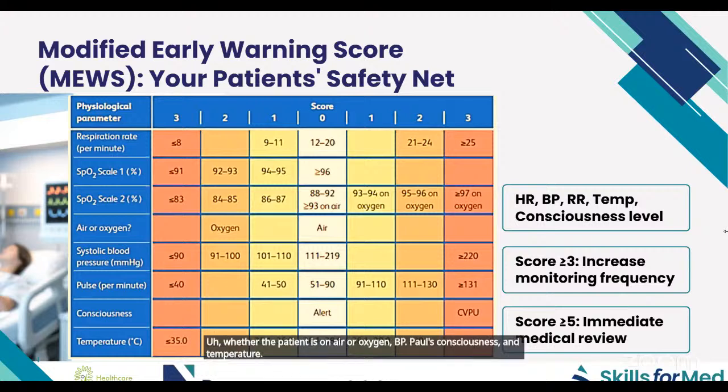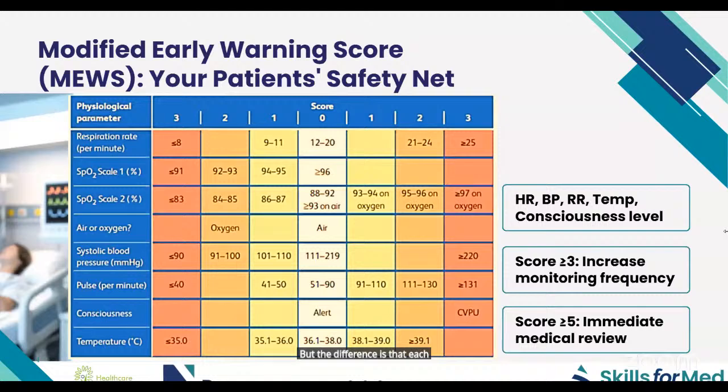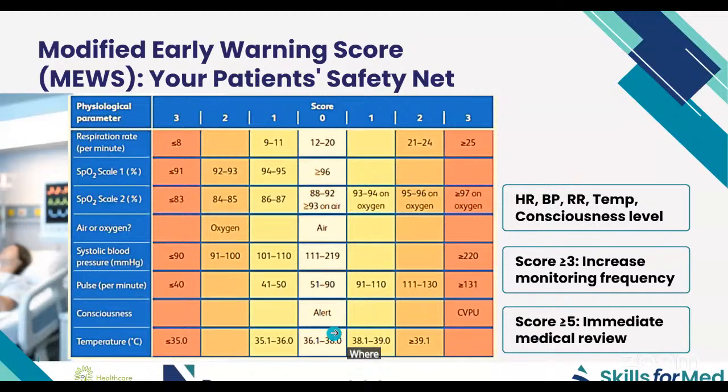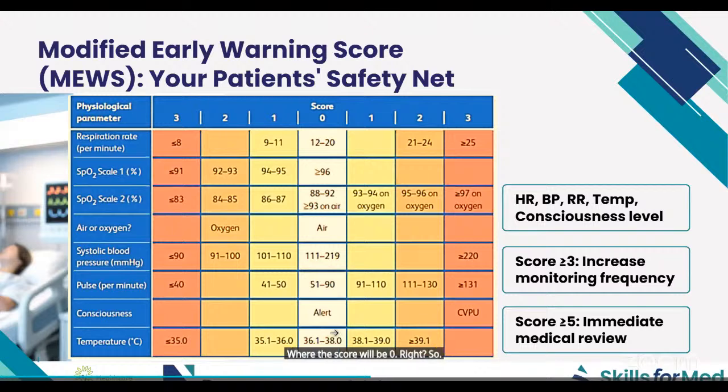It's the same as you see in the TPR chart, but the difference is that each of these is given an objective scoring, depending upon how much it is less or more than the normal. As you can see, the center is the normal values, where the score will be 0. For example, respiratory rate 12 to 20, the score is 0.